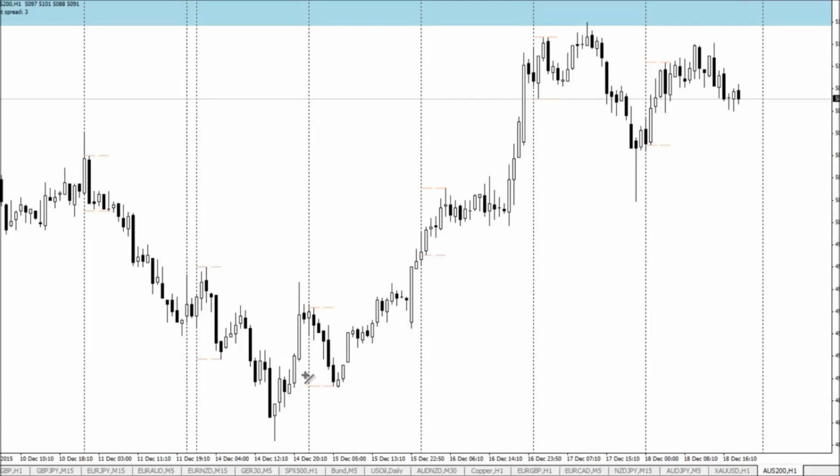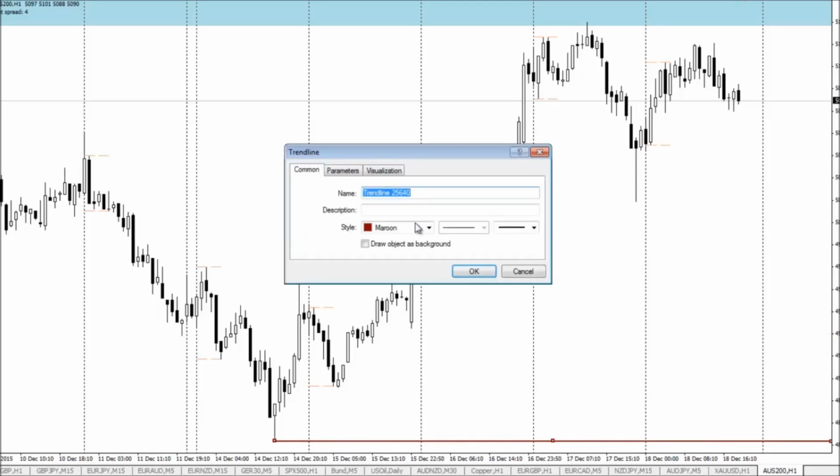Does it make sense to you as to why I'm marking out the lows of each day and the highs of each day? It's very, very important. Has it helped you guys in any way? It makes a big difference, doesn't it?